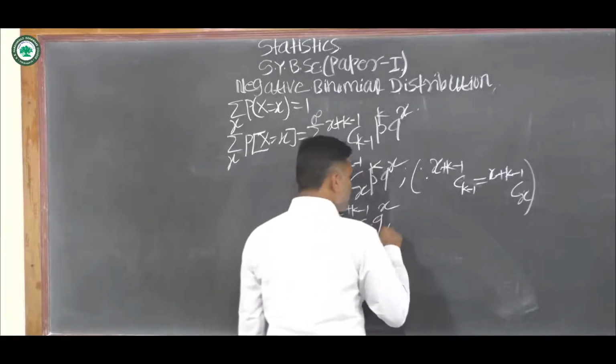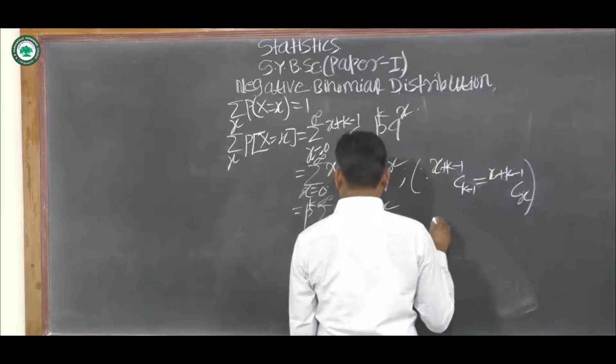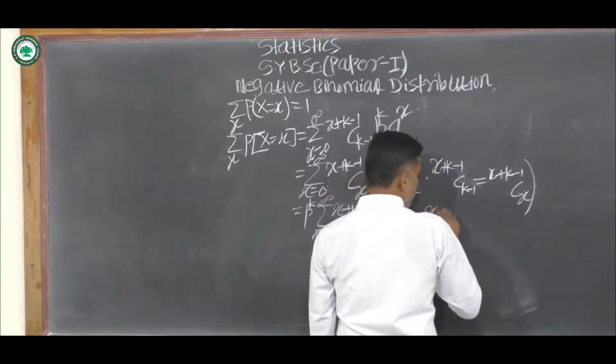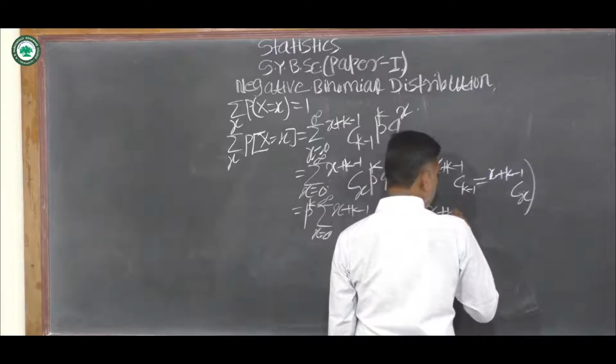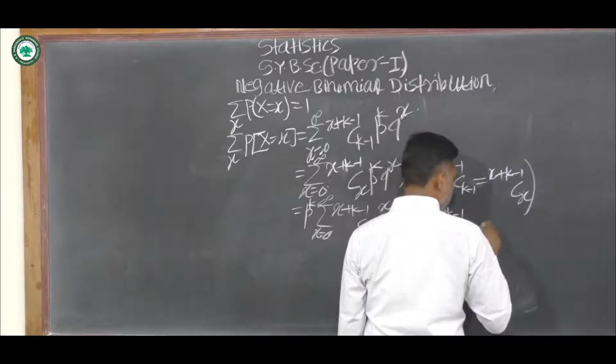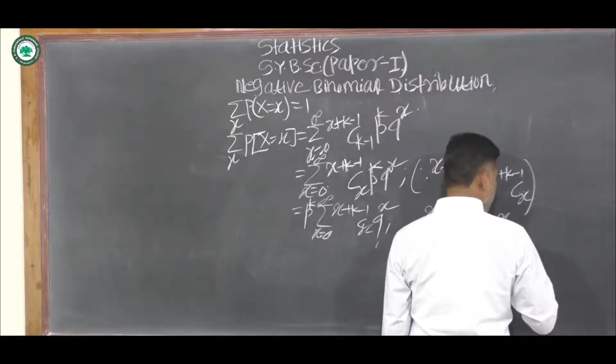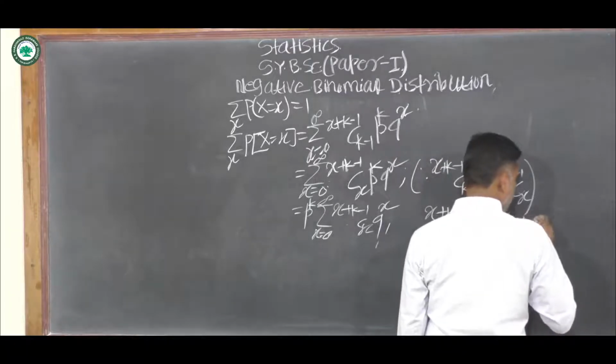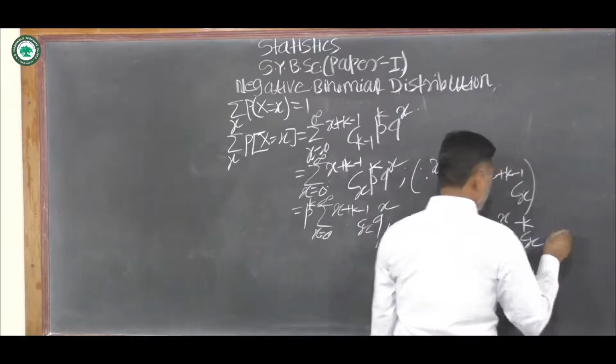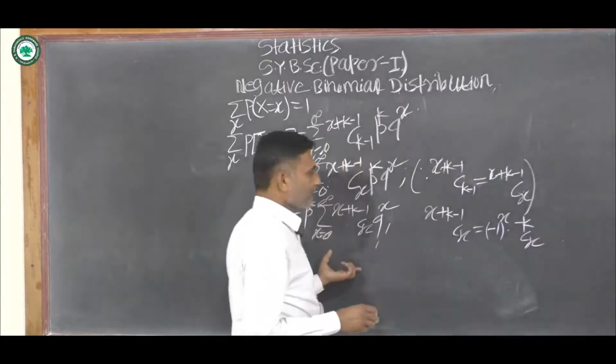Then we know one result, what is that result? x plus k minus 1 c x is equal to minus 1 raised to x into minus k c x. We use this result now here.